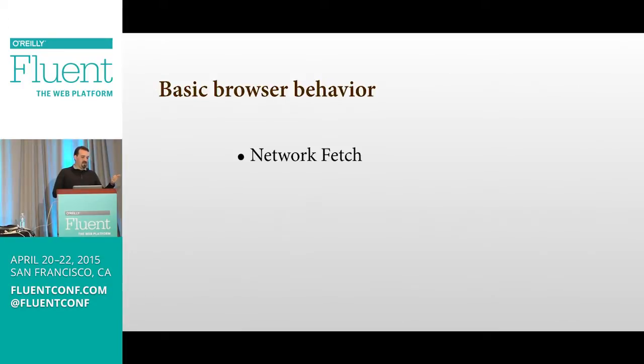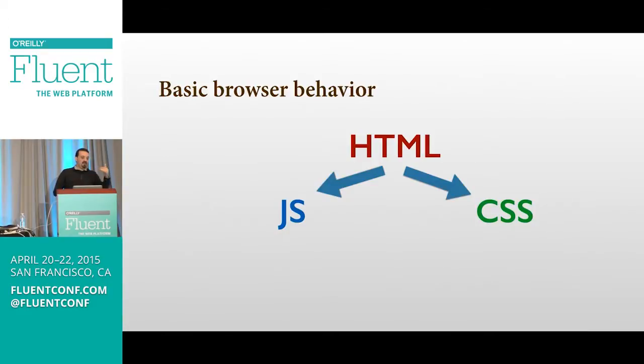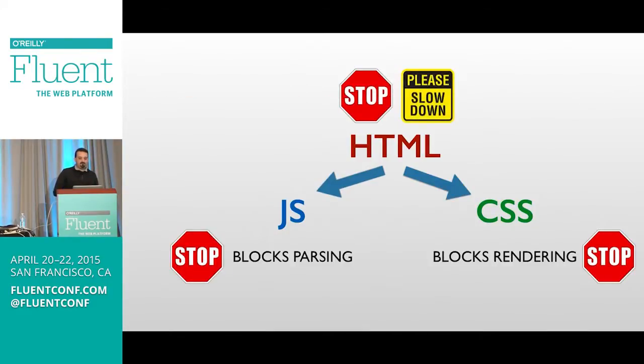First, network fetch. Then parsing, so reading and understanding the HTML, and finally rendering, okay? With HTML, JavaScript, and CSS, we can have slowdown signs and stop signs before the HTML, so before delivering the HTML to the network. And then JavaScript will block parsing, and CSS will block rendering.